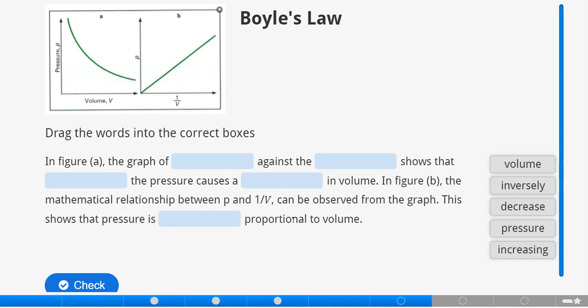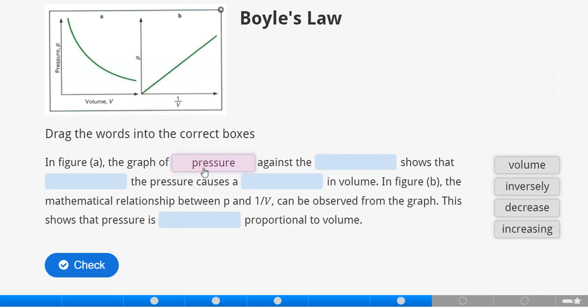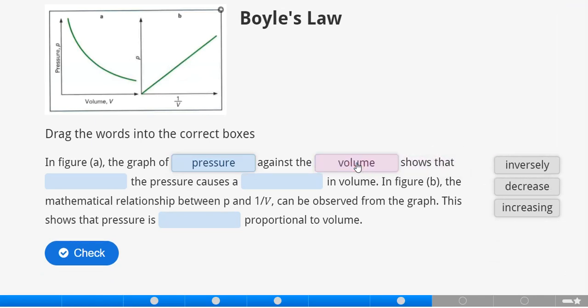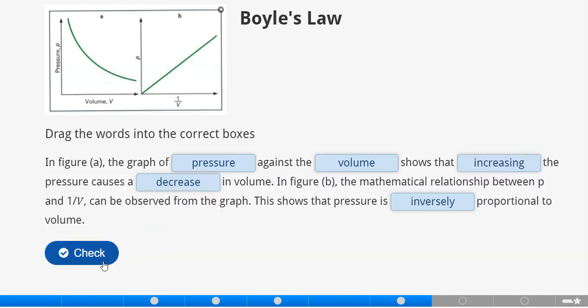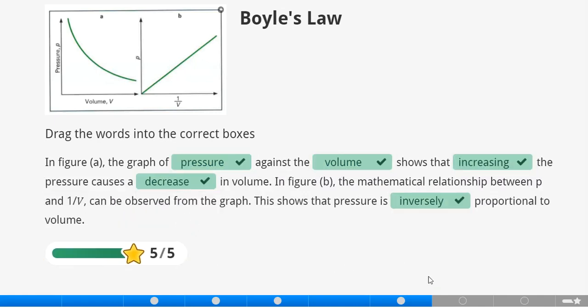In figure A, the graph of pressure against the volume shows that increasing the pressure causes a decrease in volume. In figure B, the mathematical relationship between P and 1/V can be observed from the graph. This shows that pressure is inversely proportional to volume. Let's check. That's correct.